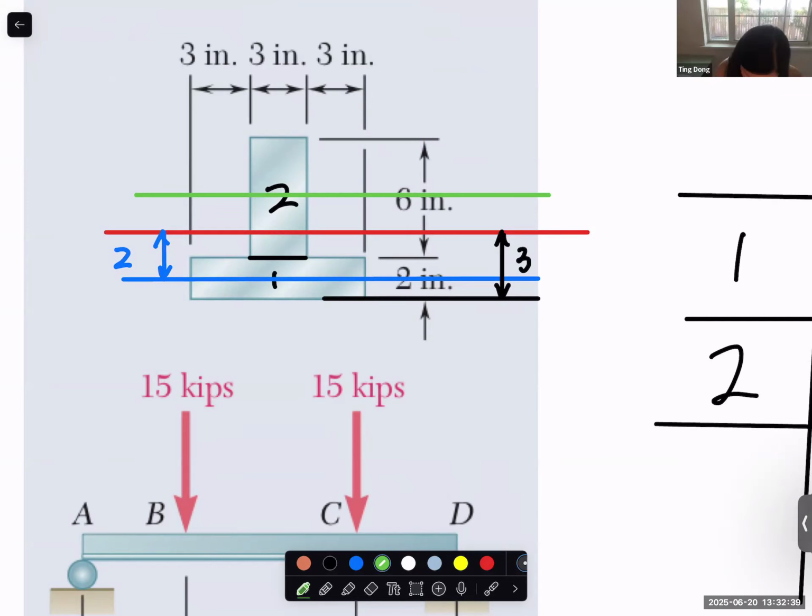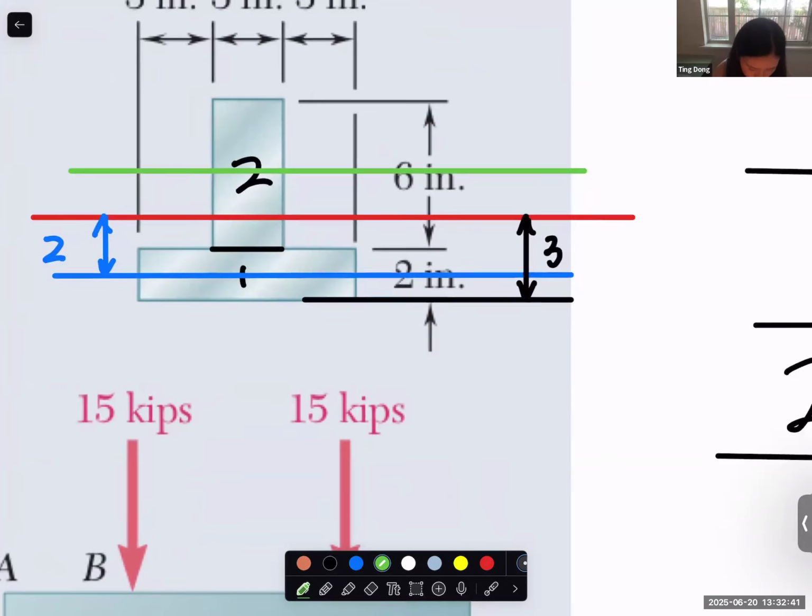Yes, thank you. It's the distance from its own neutral surface to the neutral surface of the entire cross section. So it should be the distance between these two, right? Of course, if you know this is 1 and this is 3, then this distance should be 2.